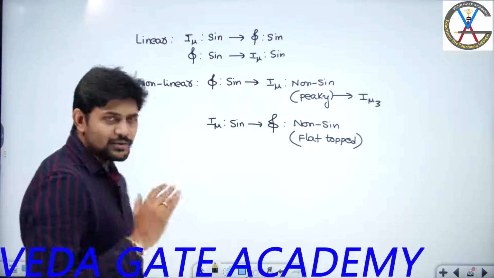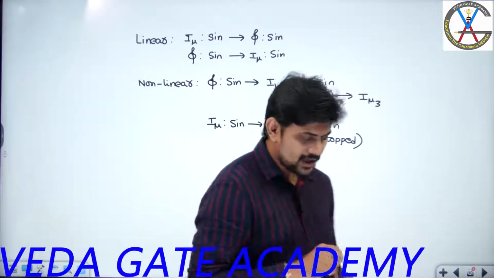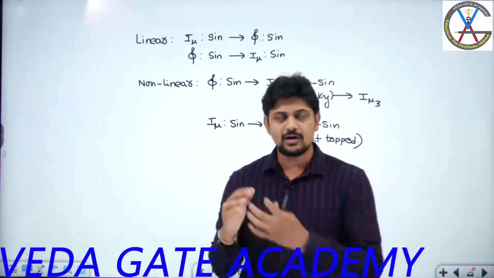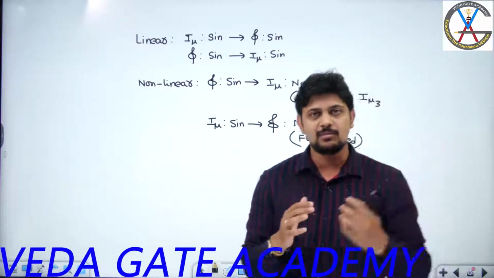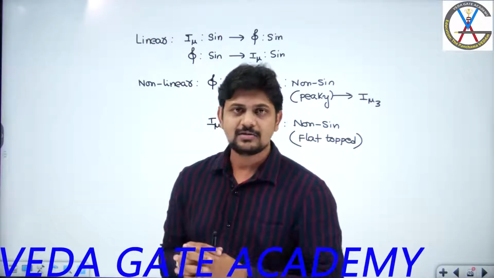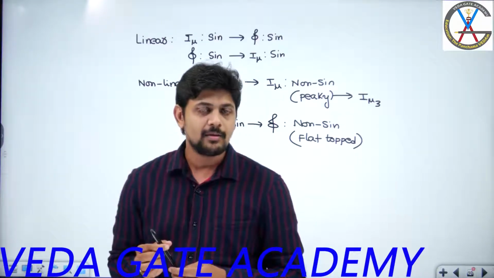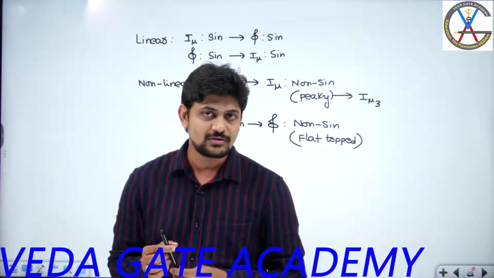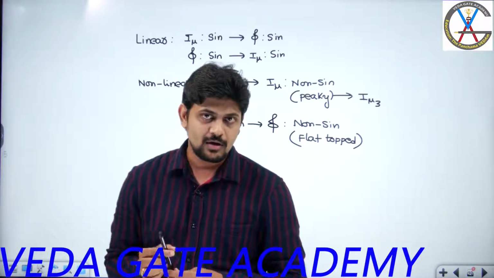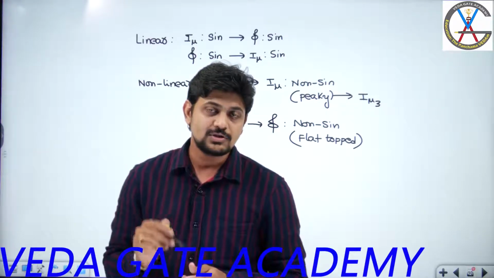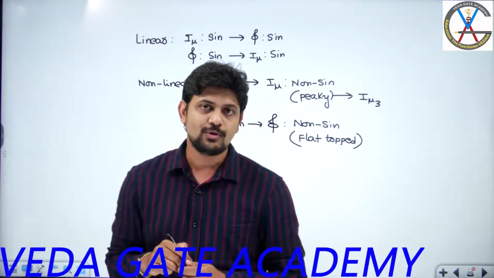That means, in order to get a reliable power supply, or to supply the induced EMF to external loads, or to connect the transformer secondary terminals to the external load, my magnetizing component of current must always be a peaky, non-sinusoidal waveform which contains the flow of third harmonic currents.